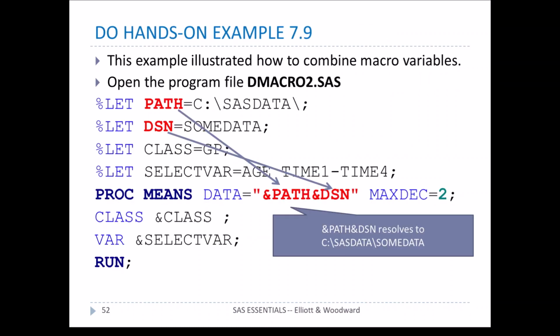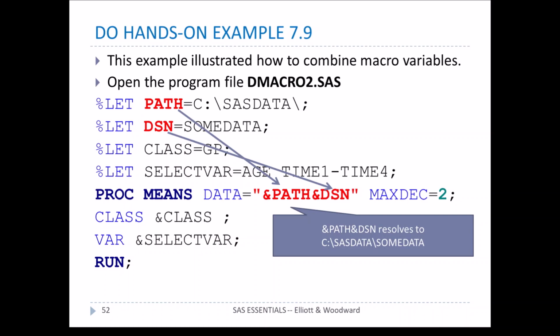All right, so let's look at an example here, 7.9. Open up the file called dmacro2.sas, and we see that we've defined the path and the DSN, and also the class and the select variable. As we've seen before, we can concatenate those easily by simply putting them one after another. And then notice here we have class &class, var &select var.